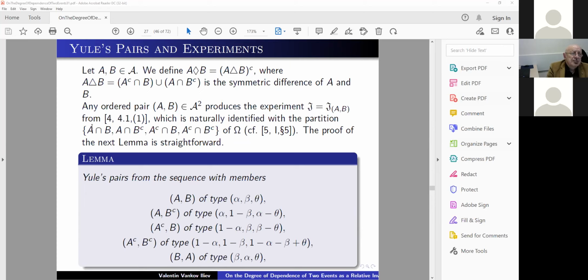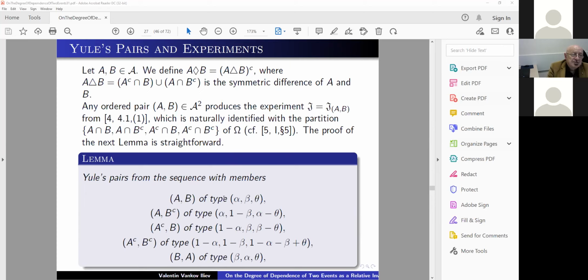It is naturally identified with this partition of the sample space. And here is the answer, a very unexpected answer, very simple, by the way. Its proof is purely combinatorial and can be made by considering different cases. Here is the sequence of those pairs that produce one and the same experiment that corresponds to the pair AB.